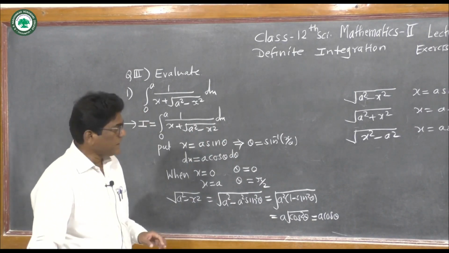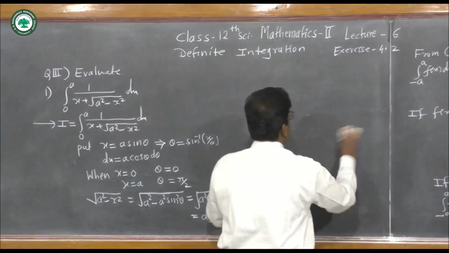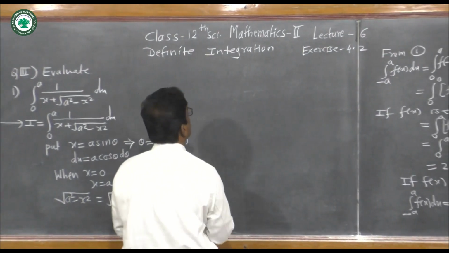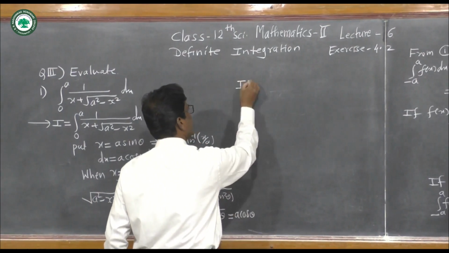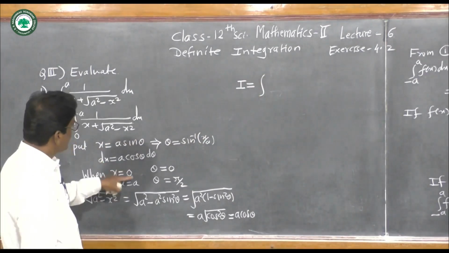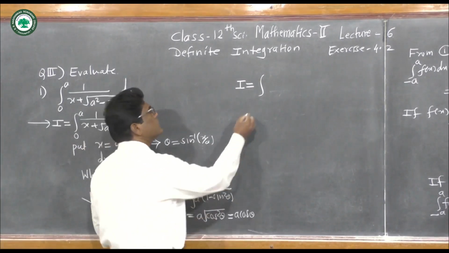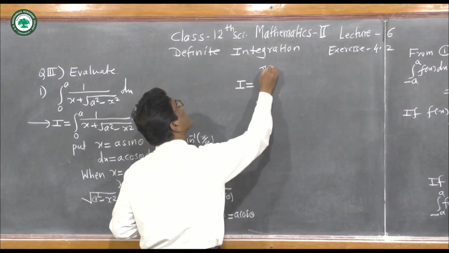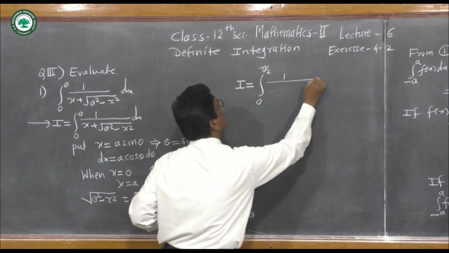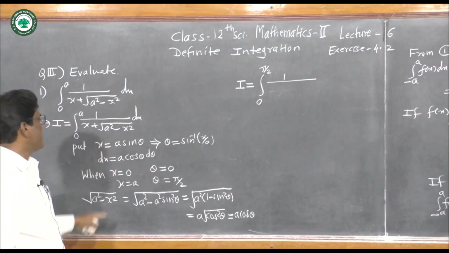Now the given integral I becomes: I is equal to integration from 0 to pi by 2, the limits 0 to a changed to 0 to pi by 2, of 1 upon x plus under root of a square minus x square.